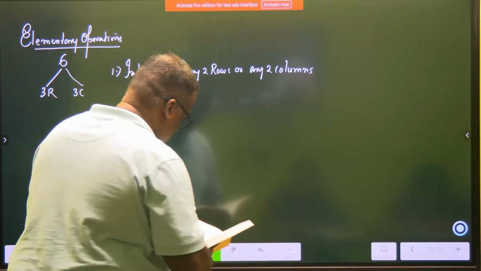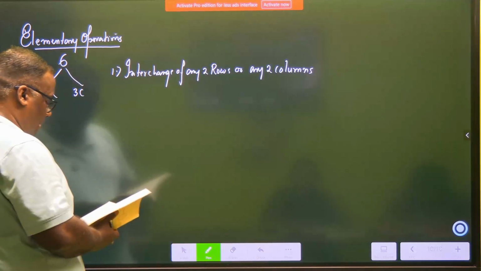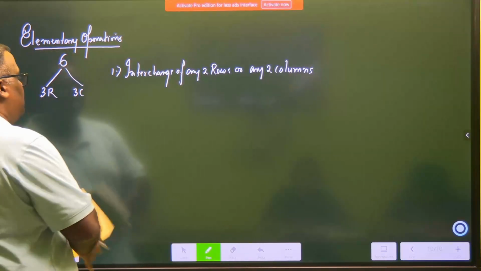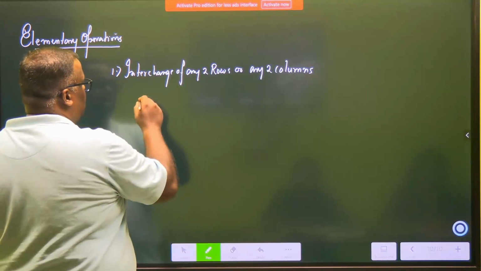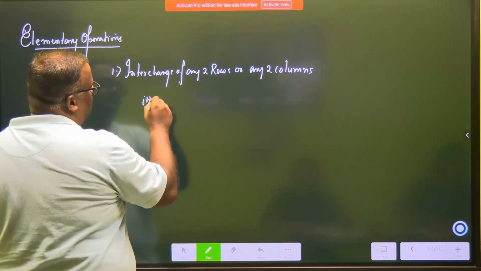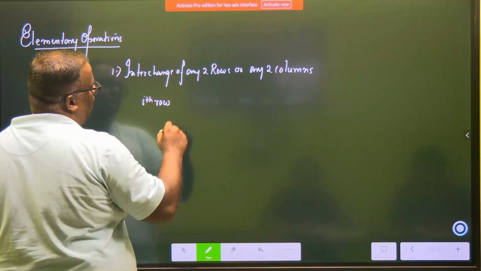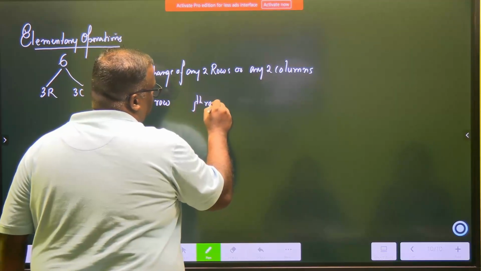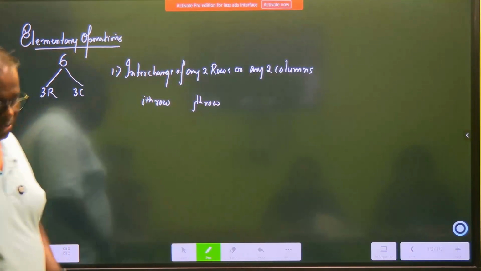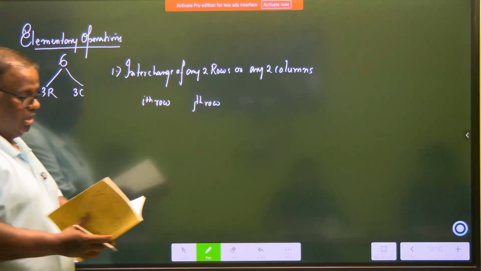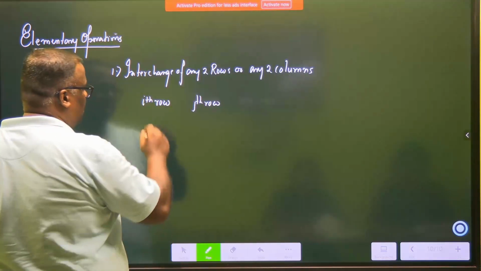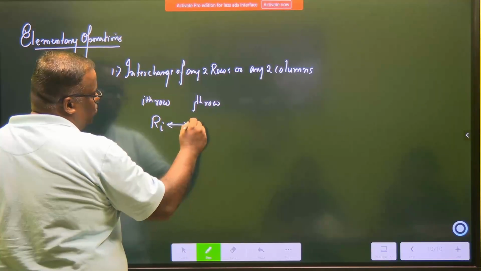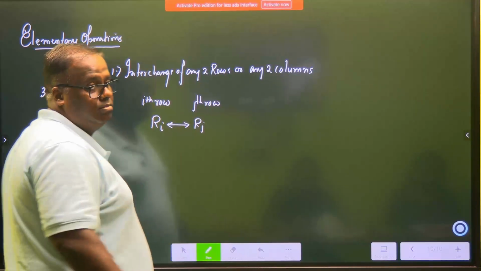Any 2 rows and any 2 columns. There are some symbols: if you have the ith row and the jth row, something like a second row and a third row, then we will show it like this. Ri can be interchanged with Rj.